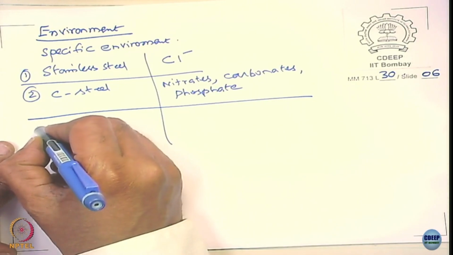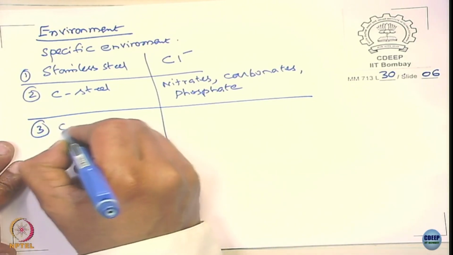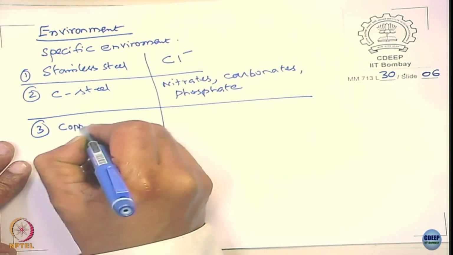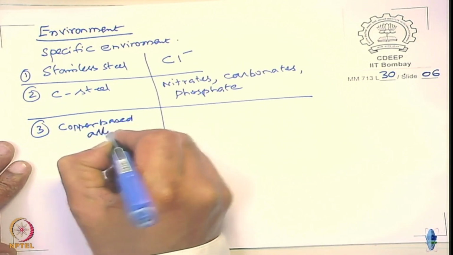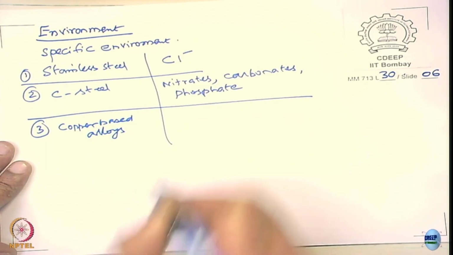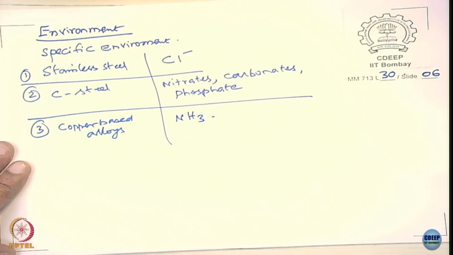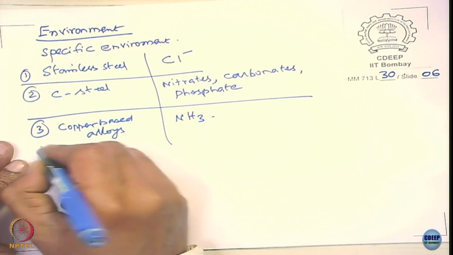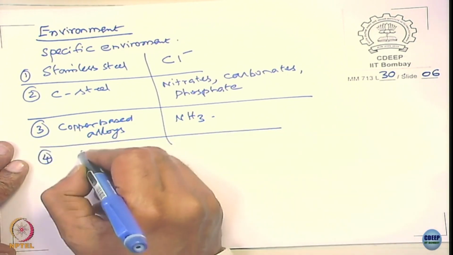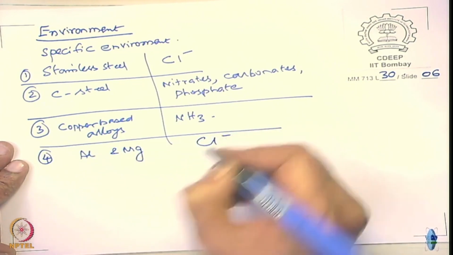And let us say copper based alloys, the ammonia. Ammoniacal solution is a problem. Similarly, in aluminum and magnesium, chloride medium.